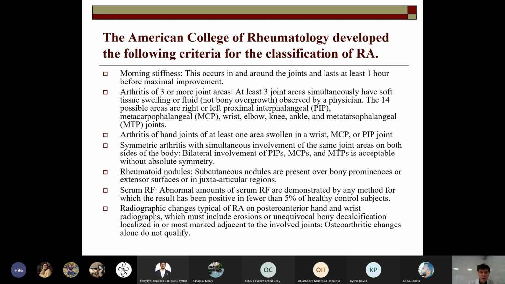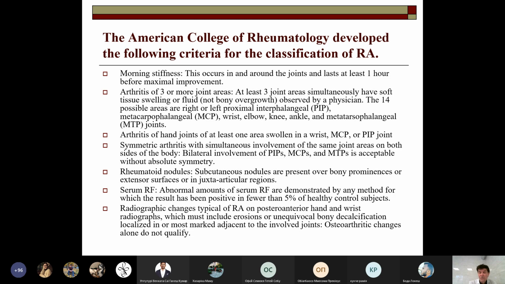Morning stiffness occurs in and around the joints for at least 1 hour before maximum improvement. This parameter is quite sensitive because we can check it and provide continuous monitoring during therapy of patients with an established diagnosis of rheumatoid arthritis. And the shortening of the period of morning stiffness clearly elucidates how effective our treatment is for these patients.